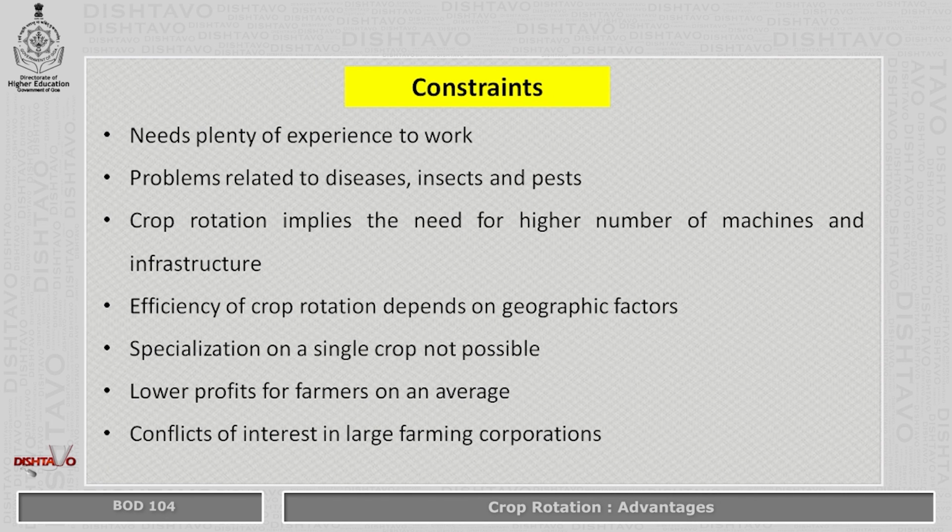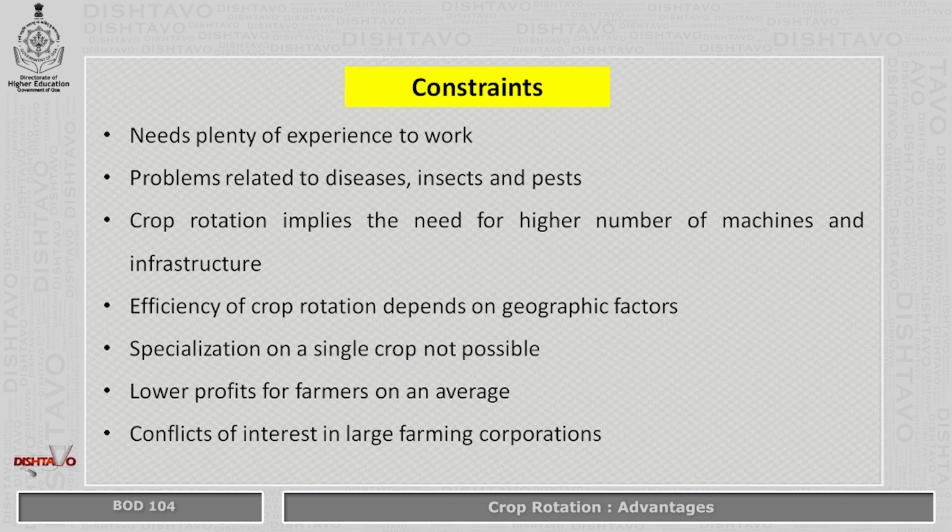Now, let us also look at the constraints that one may encounter while designing or planning for a crop rotation system. Firstly, one needs to have plenty of experience to work because you have to have a thorough study of the geographical conditions as well as of the plants that you will be cultivating. Secondly, there can be problems related to diseases, insects and pests.